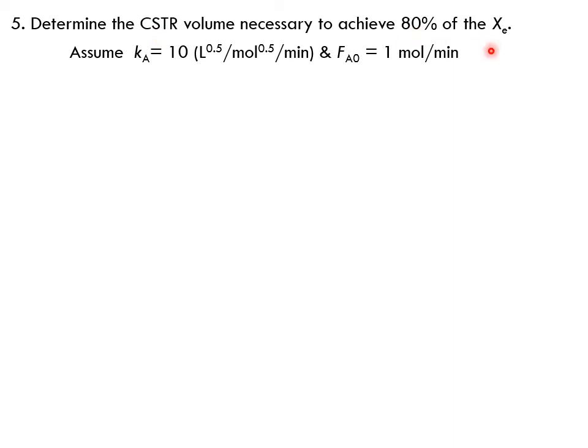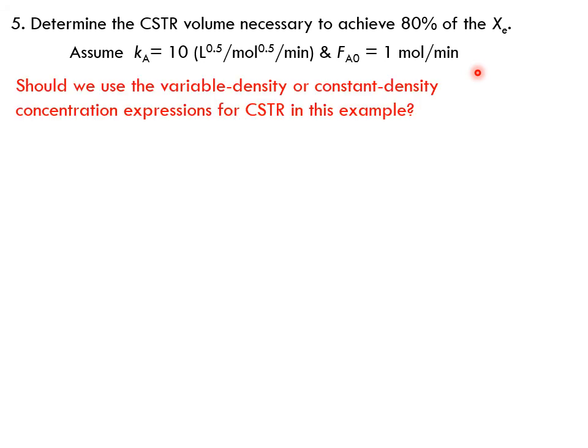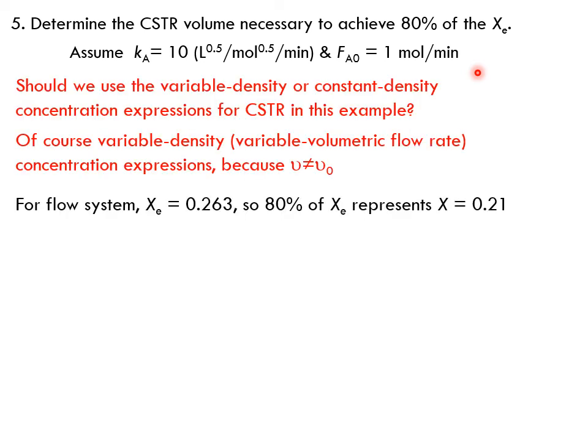So which equilibrium conversion will you use? The 0.263 or the 0.260? Obviously, you're going to use that for the flow system. Here we go. Xe equals 0.263. And of course, a CSTR is a flow system. Remember that.